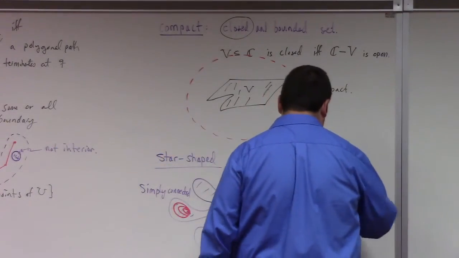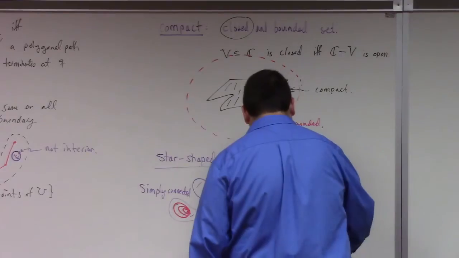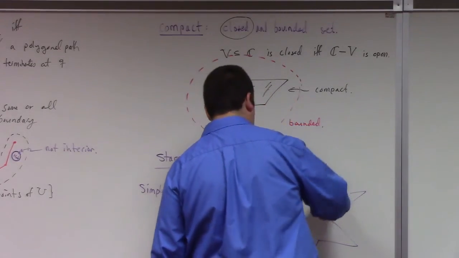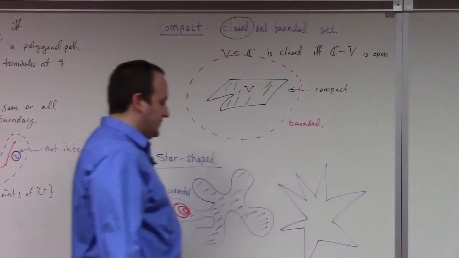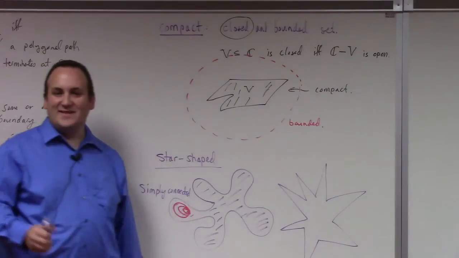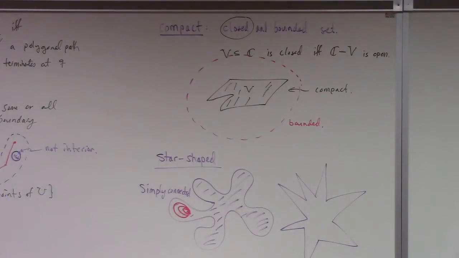Here's star-shaped. So in a star-shaped set, although this might not be star-shaped, we'll see, there's got to be one point in the set called the star center. And from this star center, you can reach all other points by line segments.